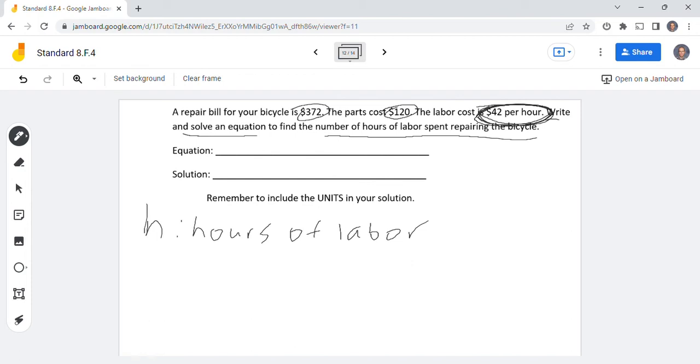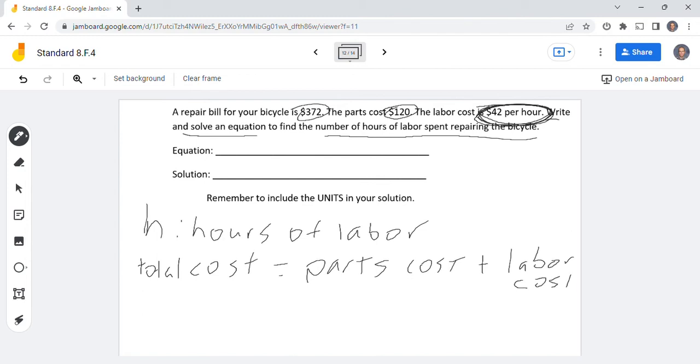So if I was to write this out in a sentence, I would say that the total cost would equal the parts cost plus the labor cost. And we know the total cost, it was $372. We know the parts cost, it was $120.